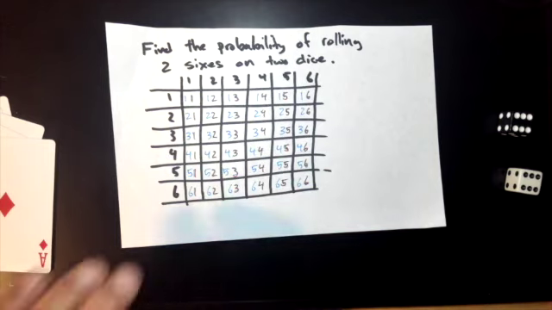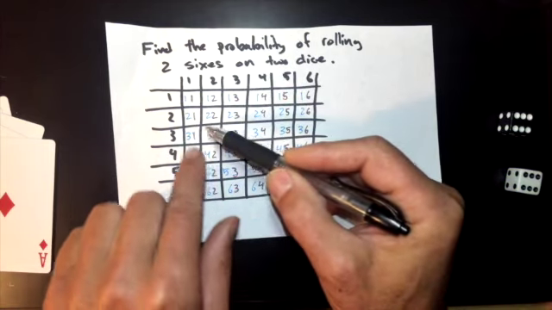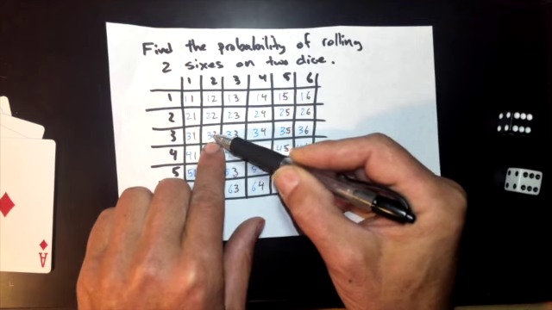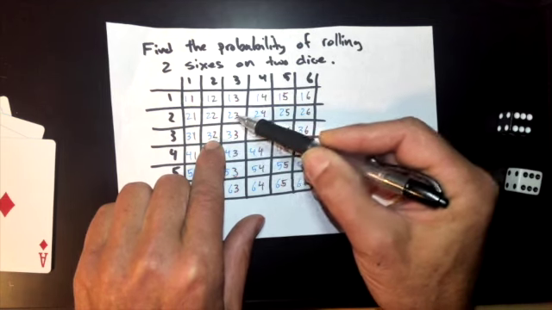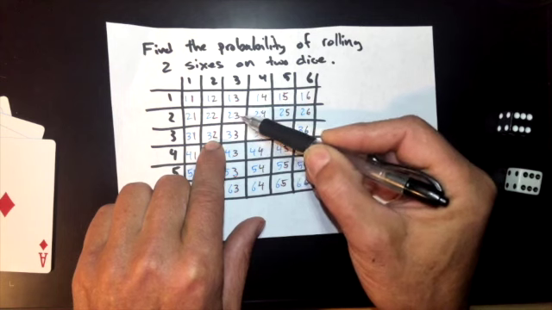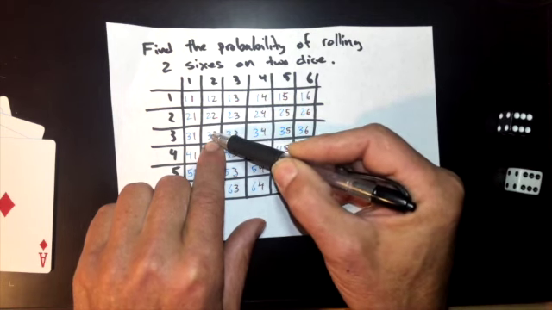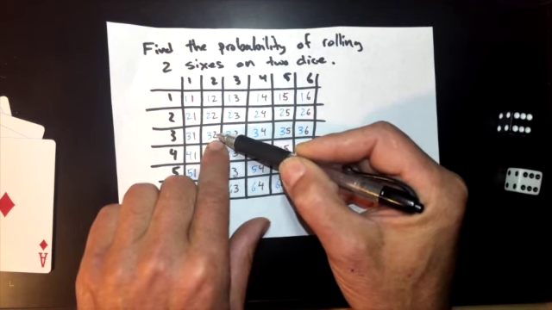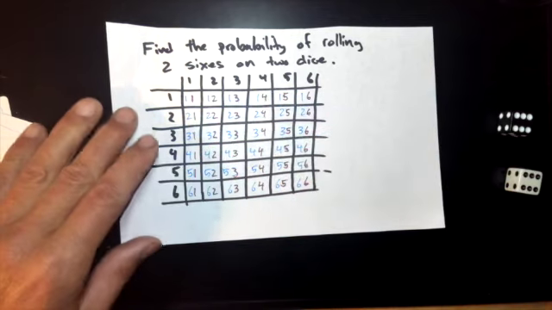And we have to know that this element right here, like say 3, 2, is a different outcome than 2, 3, although it still looks the same, but this is a 3 on the blue die and a 2 on the red die. So I have red and blue in here.